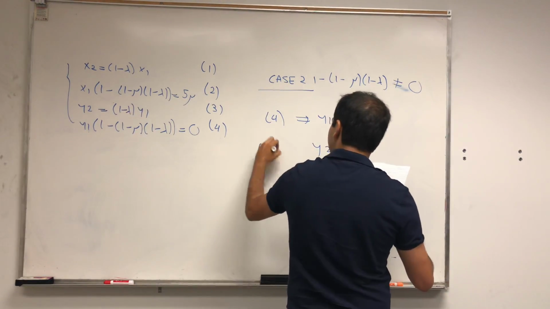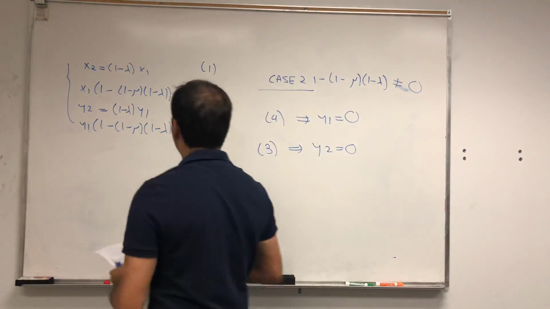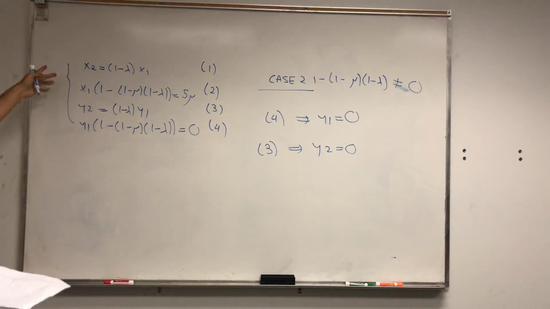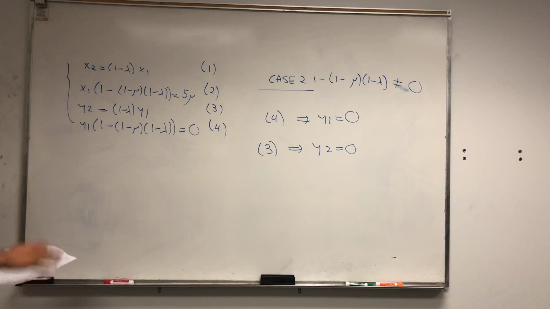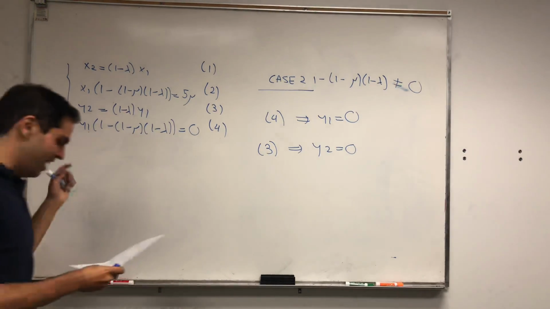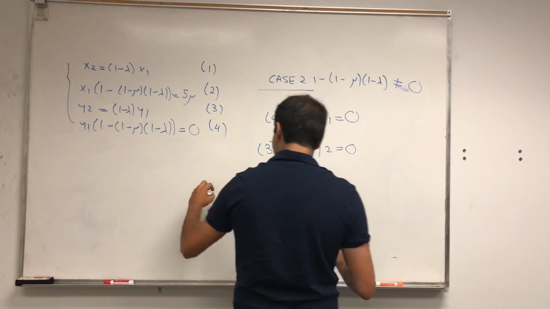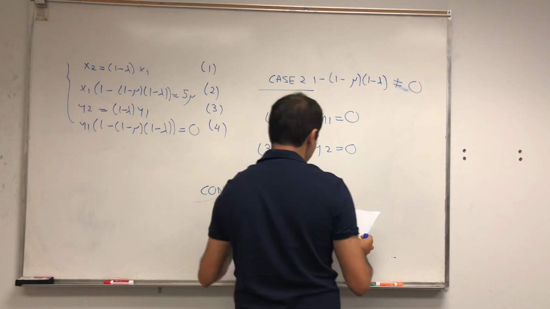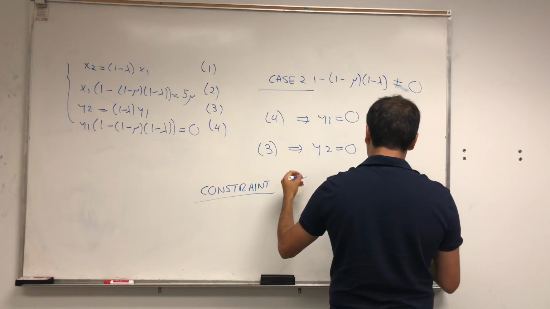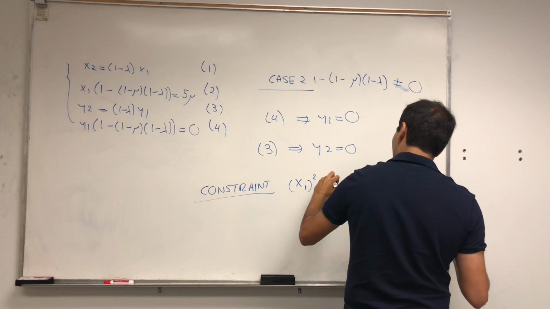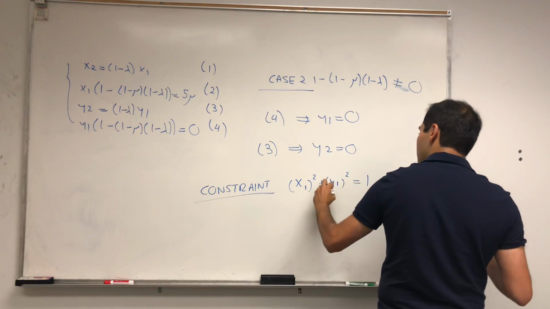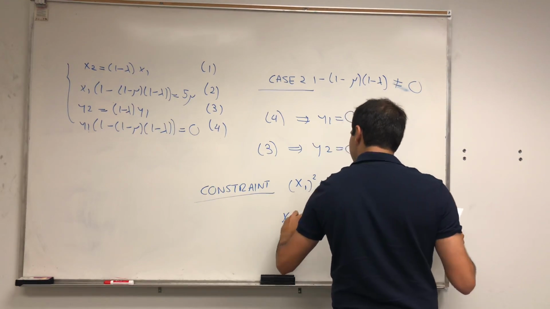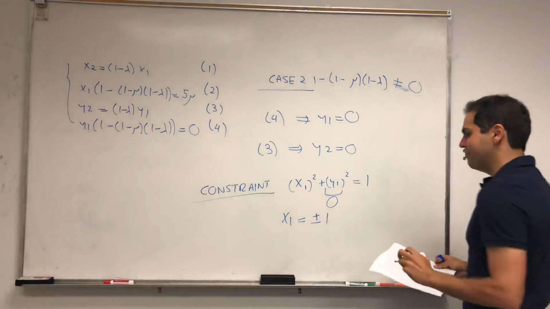So 3 implies y2 is 0, and you could solve for x1 and x2 using equations 1 and 2, but it turns out because you already have those, you can just use the constraint, so I think that's a bit easier. So now, because y1 and y2 are 0, we get x1 squared plus y1 squared equals 1, but this is 0, which tells you that x1 is plus or minus 1.